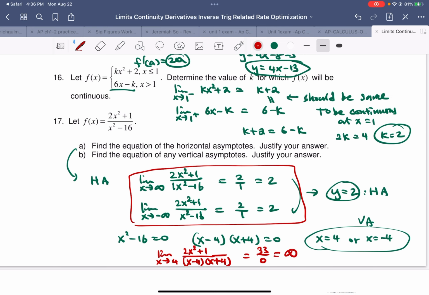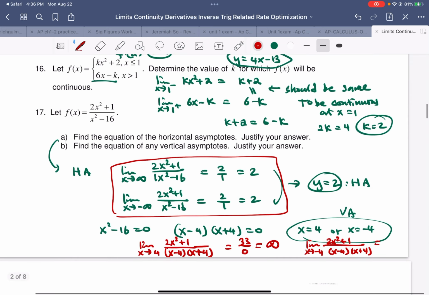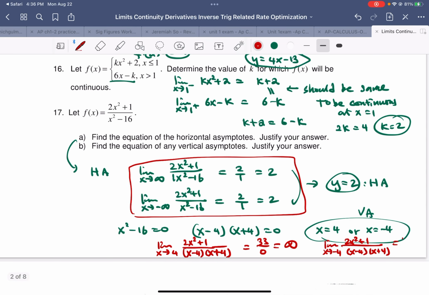Similarly, the limit as x approaches negative 4 of (2x squared plus 1) over (x minus 4)(x plus 4): the denominator is 0 and the top is 33, so that's 33 over 0 and goes to infinity. So when x approaches 4 or negative 4, the function goes to infinity, which shows that those are vertical asymptotes. Okay, that's the justification.